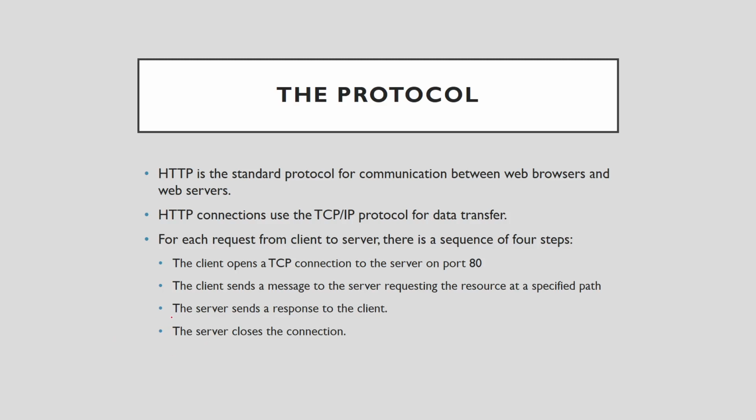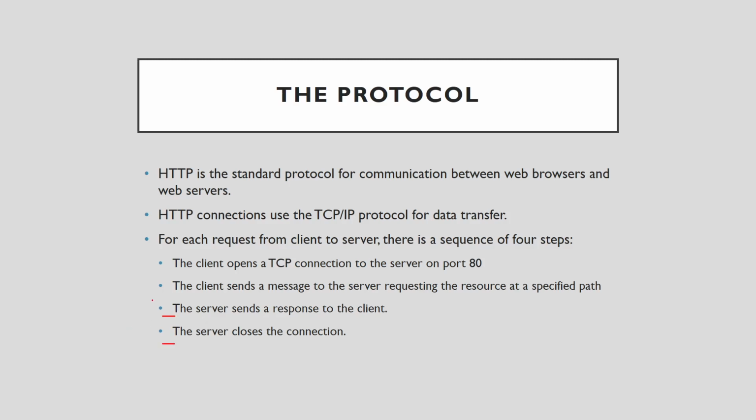The third step is the server sends a response to the client. The response begins with a response code, followed by a header full of metadata, a blank line, and the requested document or an error message. The last and fourth step is the server closes the connection.